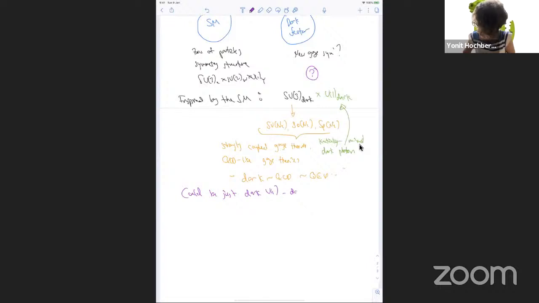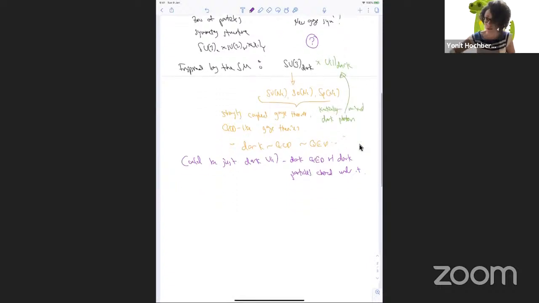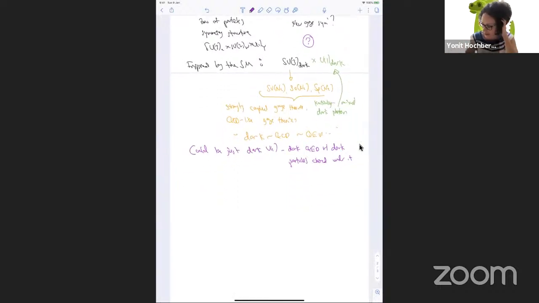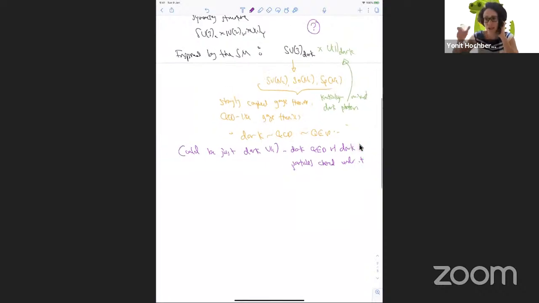Think of this as a dark version of quantum electrodynamics with some dark particles that are charged under it. And in terms of a Lagrangian, we have basically everything like electromagnetism, but in the dark sector.